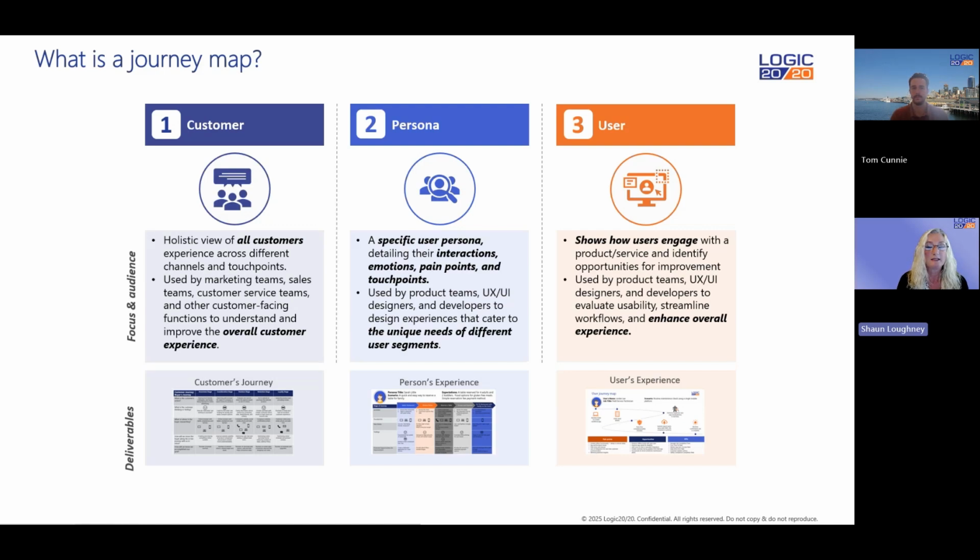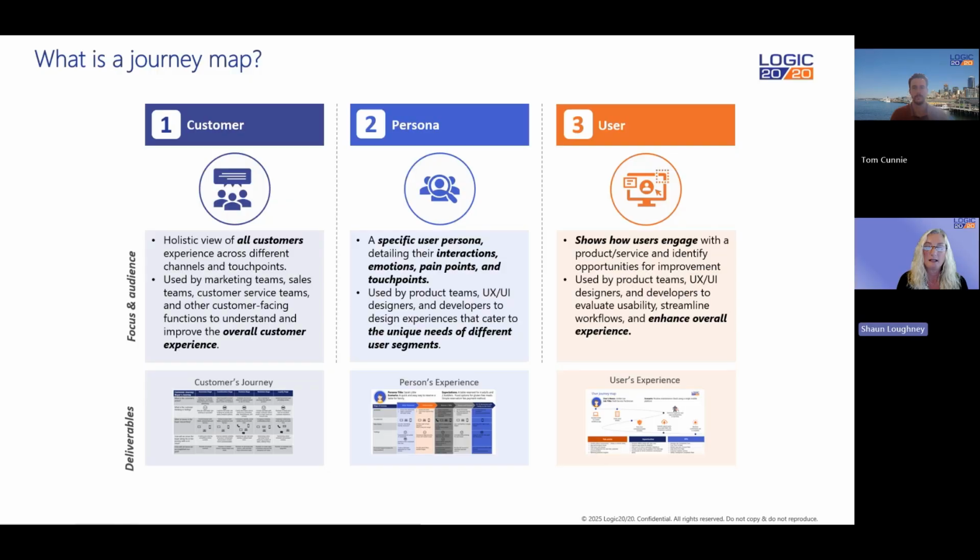It's used by marketing teams, sales teams, customer service teams, and other customer-facing functions to understand and improve the overall customer experience. The persona map is a specific user persona detailing their interactions, emotions, pain points, and touch points.